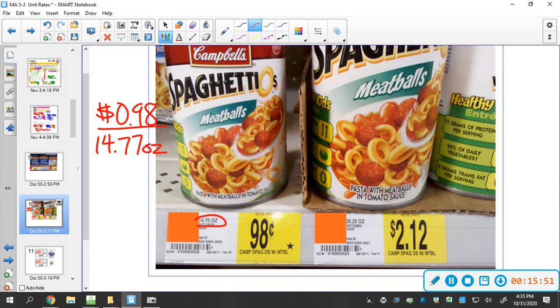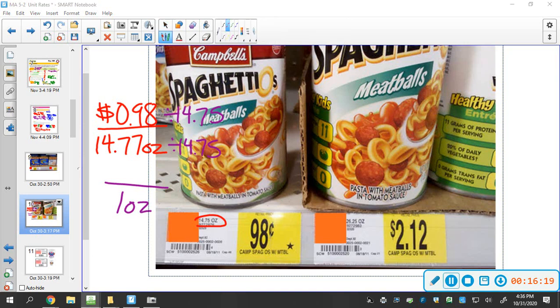You would divide by 14.75 on the top and the bottom. And when you do that, what would we get? What would be our price per ounce? Remember, when you're thinking about this, you want to find what it would be in dollars. Okay? So go ahead and figure out what that would be for us.